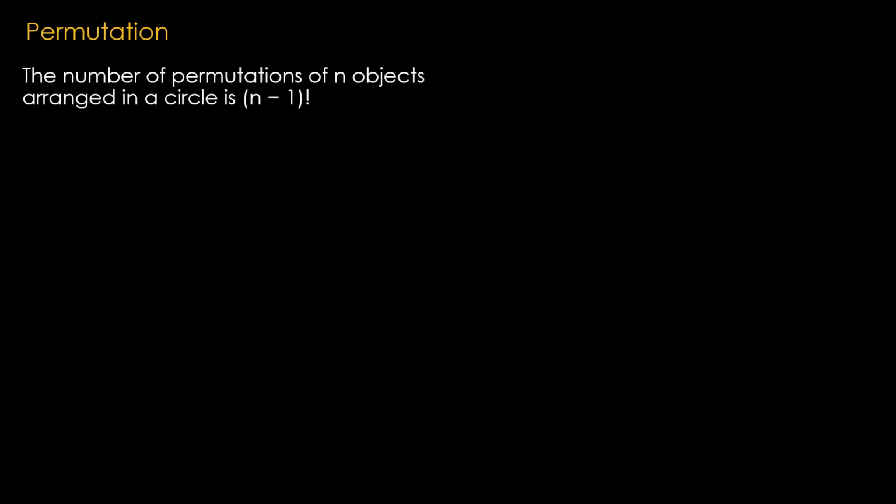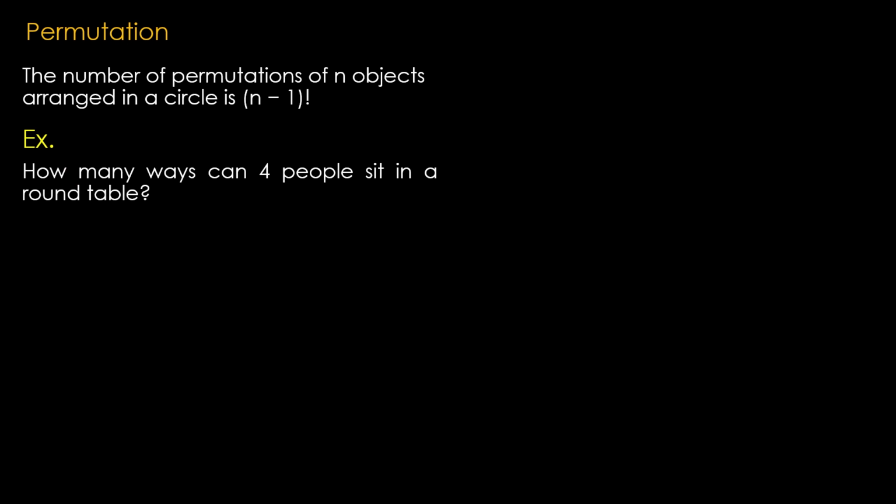Okay, so for the last topics, for a circular permutation, madali lang, actually makuri. It's very hard. The number of permutations for n objects arranged in a circle is n minus 1 factorial. For example, in how many ways can 4 people sit in a round table?